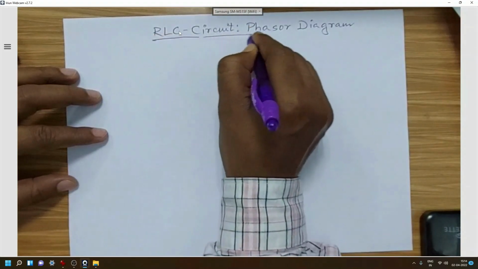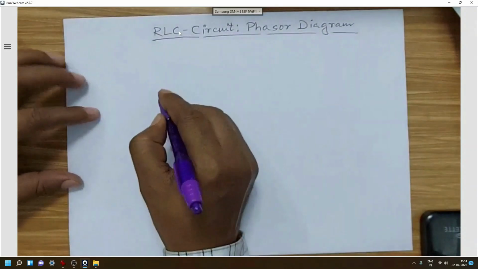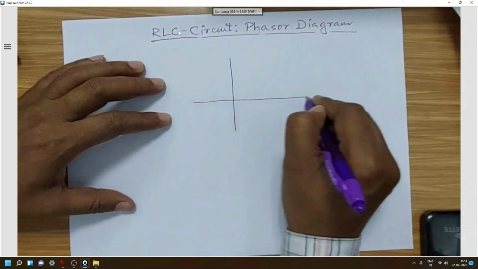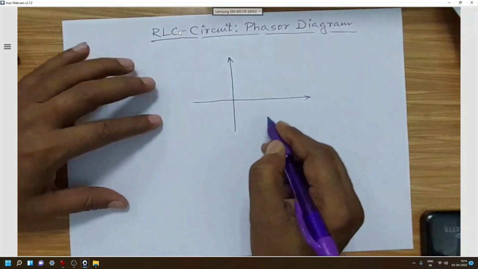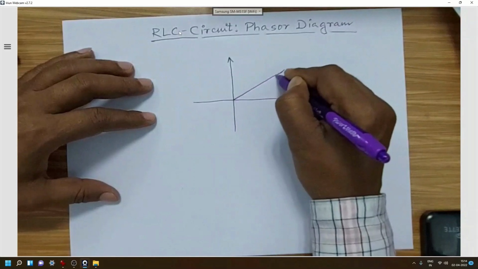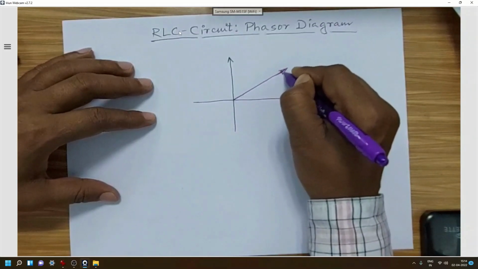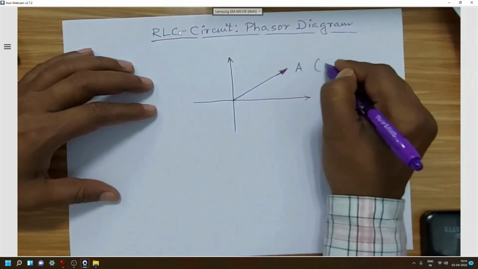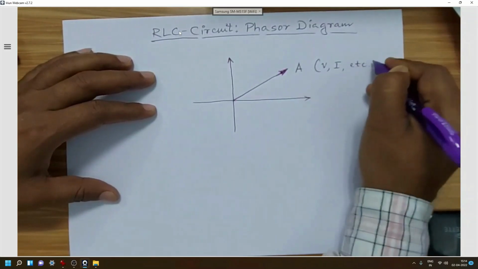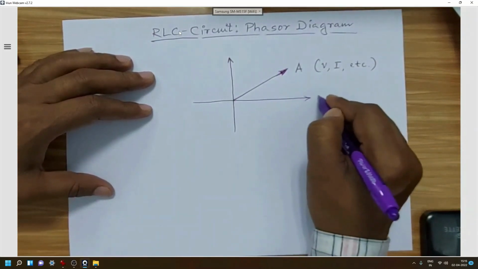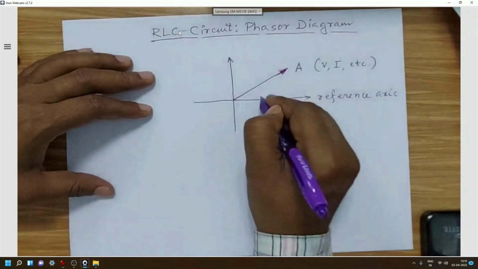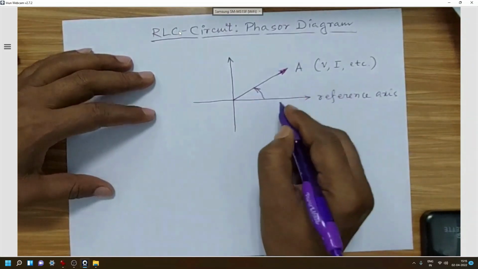Therefore, we can take an example. Say if we have the reference axis here, and if we want to represent the peak amplitude of any electrical quantity, say A may be V, I or similar, with the reference axis it will have a particular angular displacement.